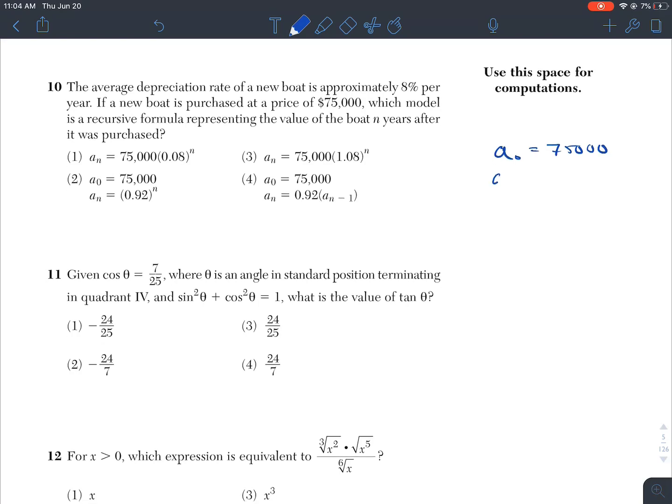So that means that the next value will be the previous value, A sub 0 in this case, times 100% minus the percent that it loses. So A1 would equal A0 times 92%, which is 0.92.